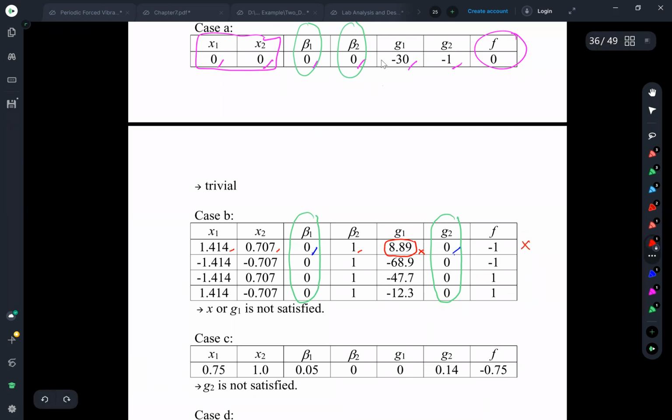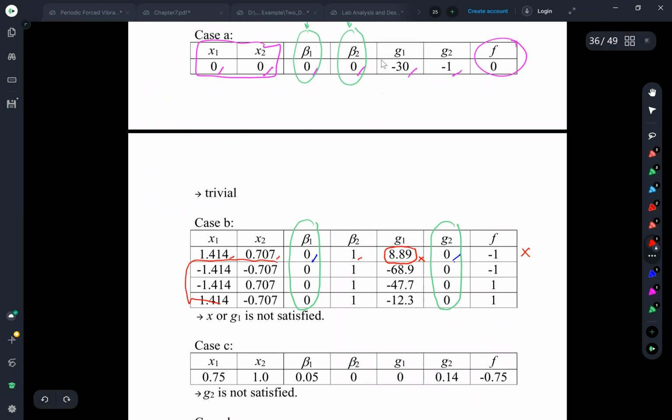It violates your conditions. The second case of B, you see second, third, and fourth, all of them have a problem with x1 and x2.